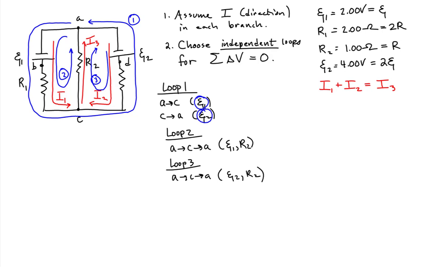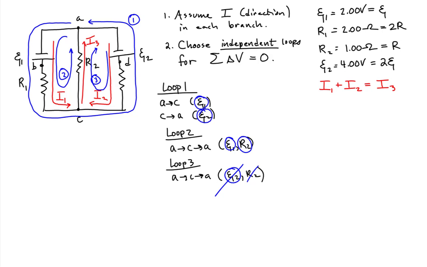Loop 2 contains one battery, battery 1, and resistor 2. And loop 3 contains battery 2, and notice battery 2 is already contained in loop 1. And loop 3 contains resistor 2, and notice resistor 2 is already contained in loop 2.